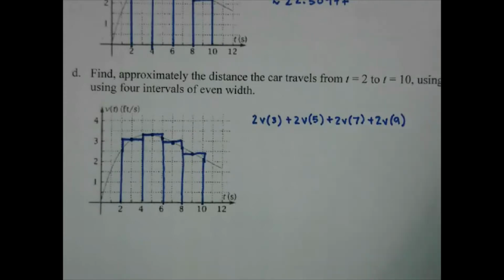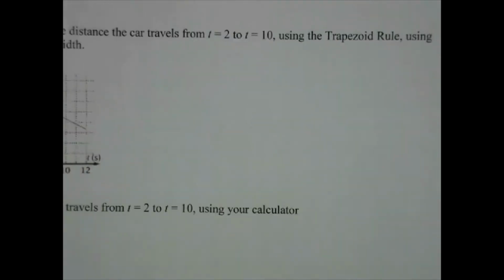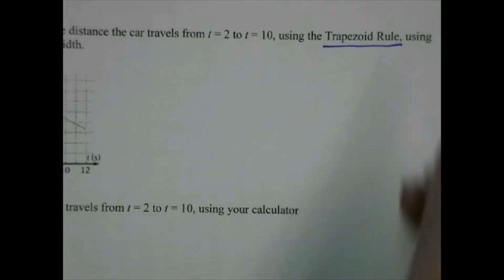So the width is still 2, and then we're evaluating at those midpoints rather than the endpoints. You can use the calculator to get those values. When evaluated, this one's approximately 23.212 feet. We're going to do this one more way with something called the Trapezoid Rule.